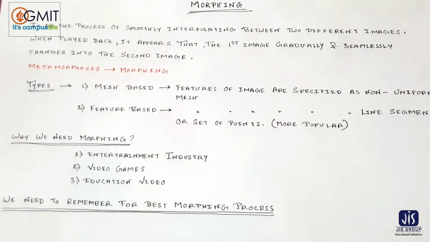So now today our topic is morphing. We will learn what is morphing, how many types of morphing there are, why we need morphing in animation technique, and lastly what we need to remember for a good morphing process.